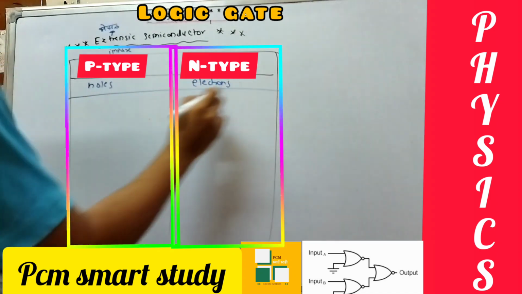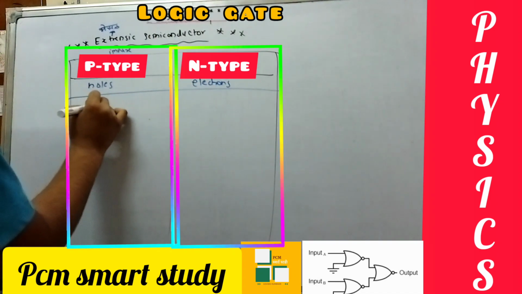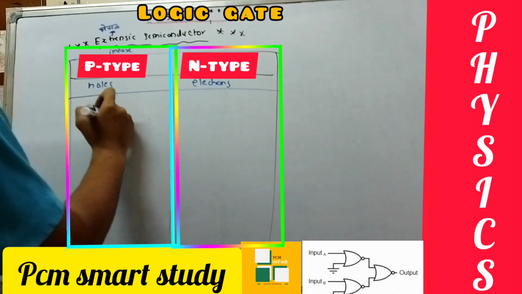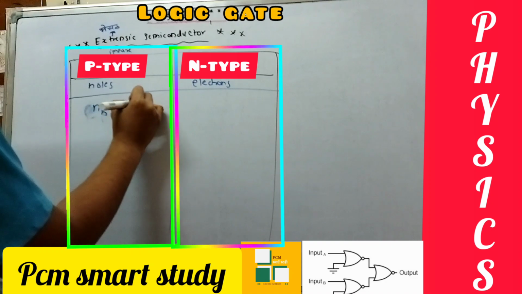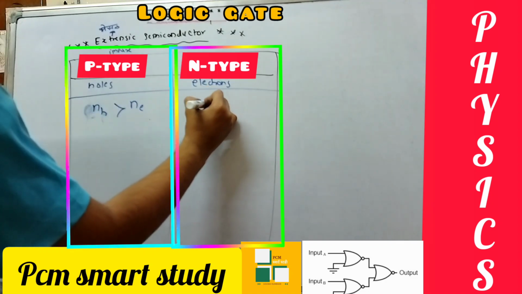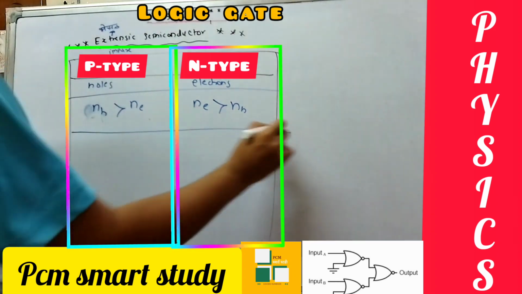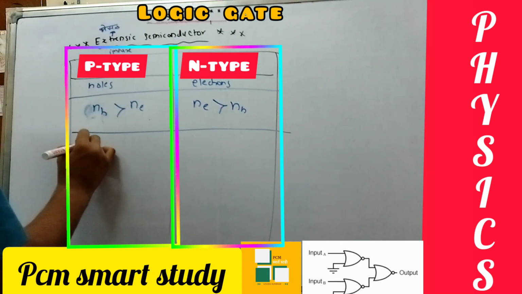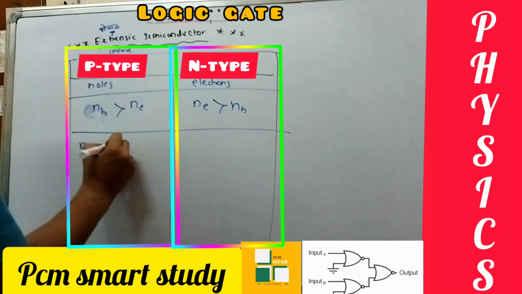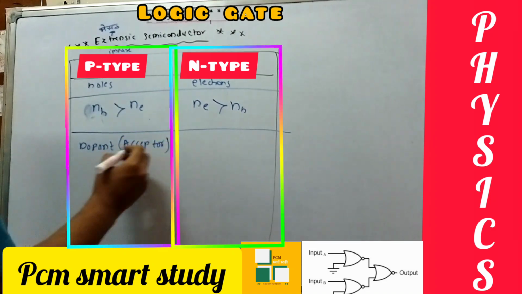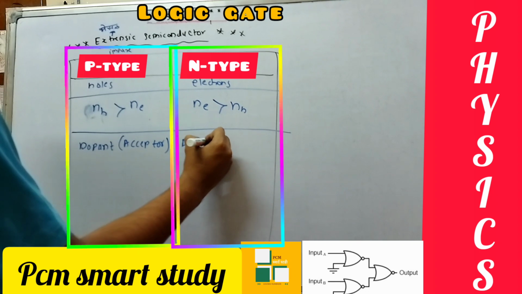In P type the number of holes is greater than the number of electrons, and in N type the number of electrons is greater than the number of holes. P-type dopant is acceptor, and in N-type dopant is donor.